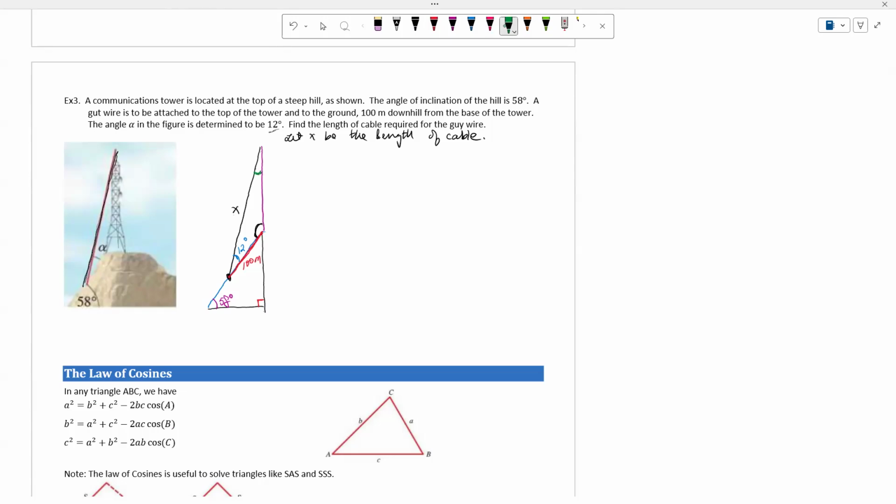So why do I need this angle? Because with this triangle right here, if I know this angle, I have this side. So I will be able to use the law of sines to help me set up the problem. Okay, so now let's see.